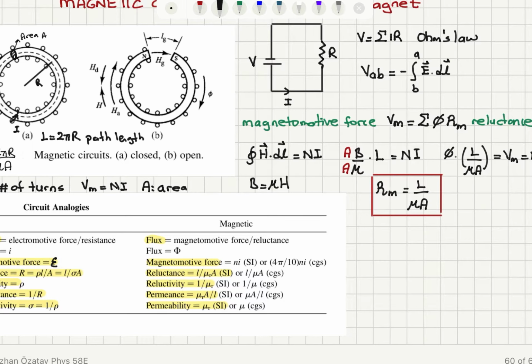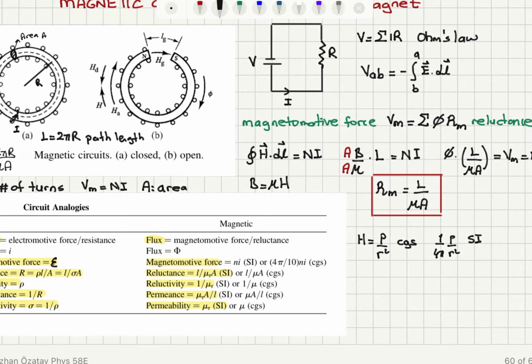If I were to do this in CGS, remember that H in CGS is equal to P divided by R squared, and in SI it is mu 0 over 4 pi times P over R squared. And B is equal to mu 0 H in free space, right?